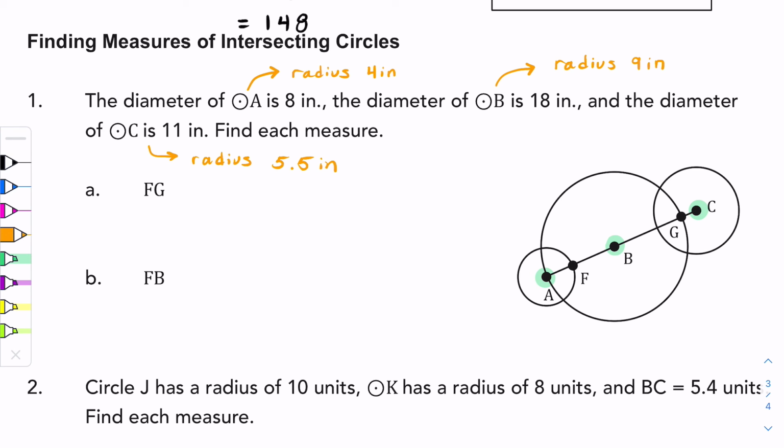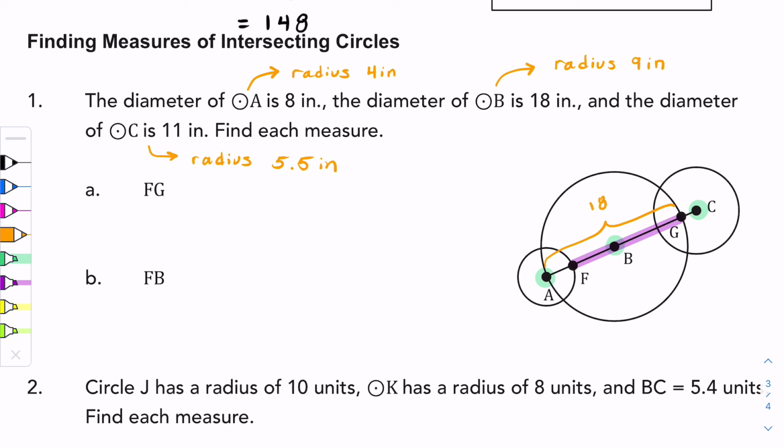So we need to use this information, add, subtract, whatever you need to do to the segment in order to find these pieces. So first we're looking at segment FG. So segment FG is this segment here. Based on what I just wrote down, we know that this entire diameter is 18.